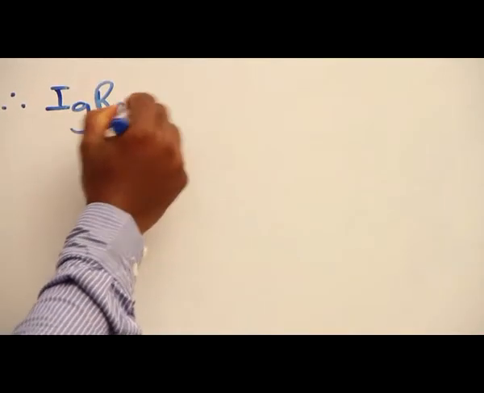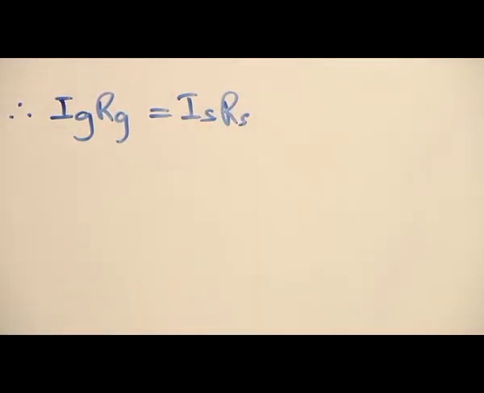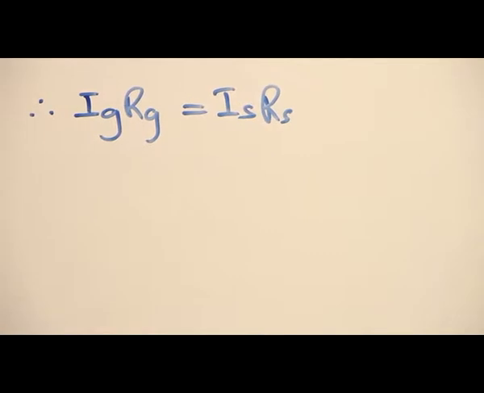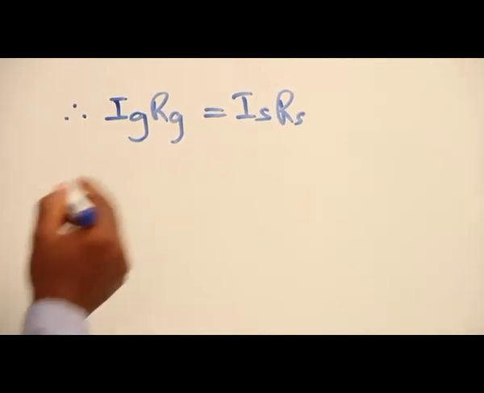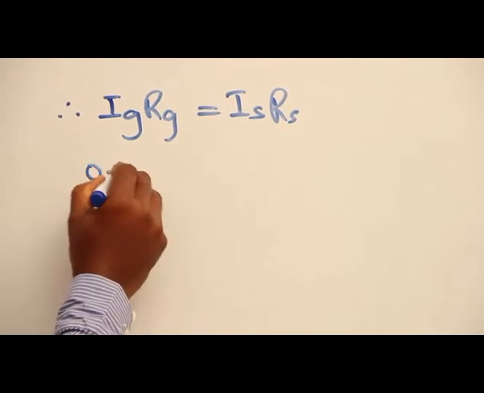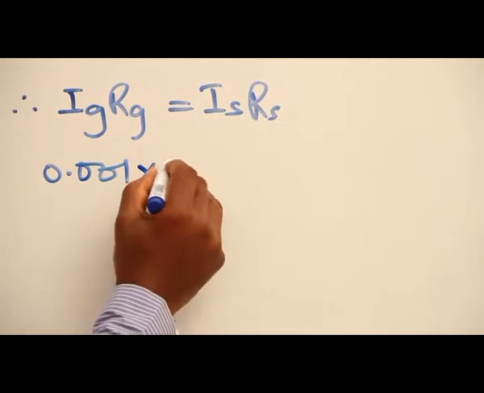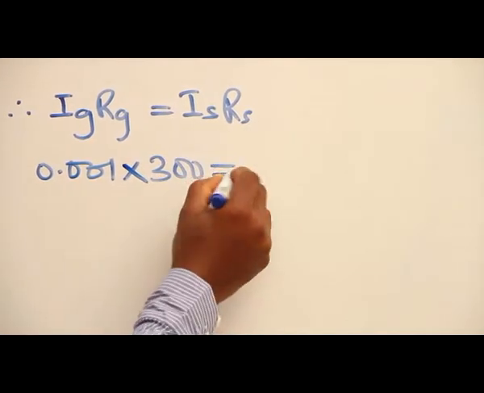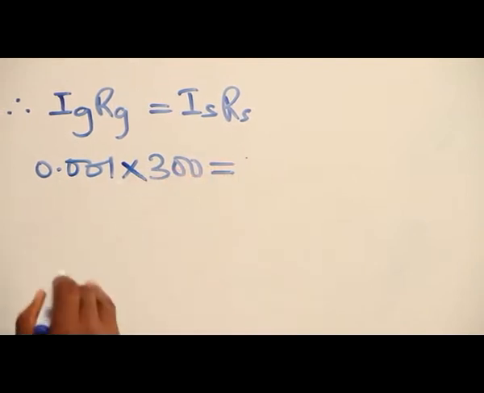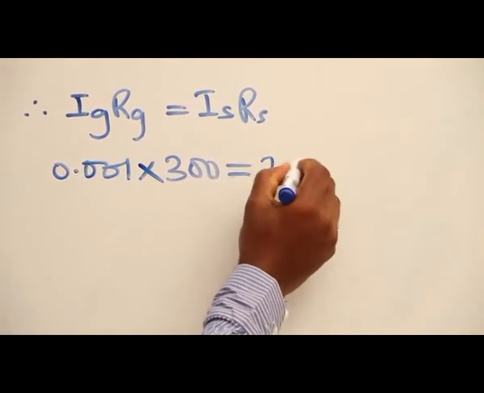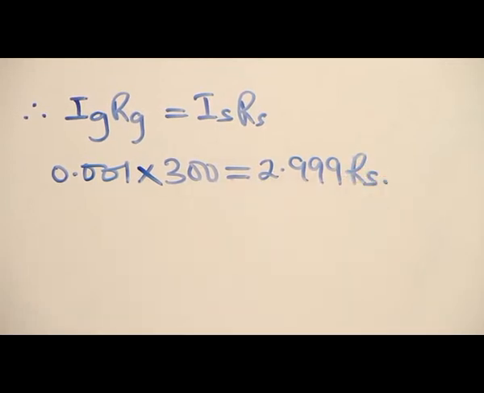IgRg is IsRs. We apply the values into this: current of the galvanometer 0.001 times resistance of the galvanometer 300 is equal to the current of the shunt 2.999 times the resistance of the shunt.